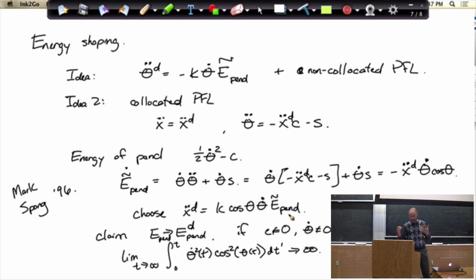It would take a lot more notation to show you that, but the idea is really exactly the same. He had to be extremely clever to come up with that controller. Mark Spong had to be clever to come up with a controller that not only you could prove goes to 0, but is also a nice controller to implement, has robustness, and works well in practice.